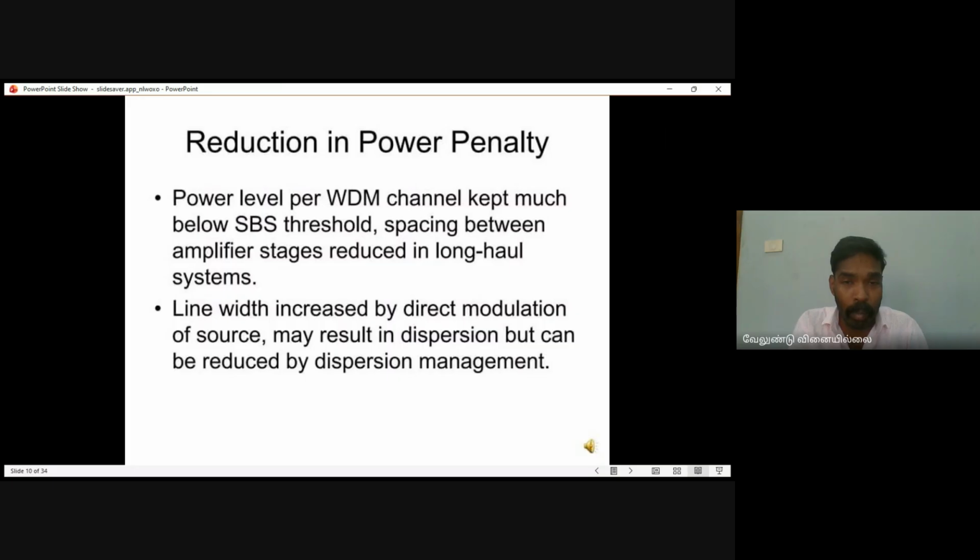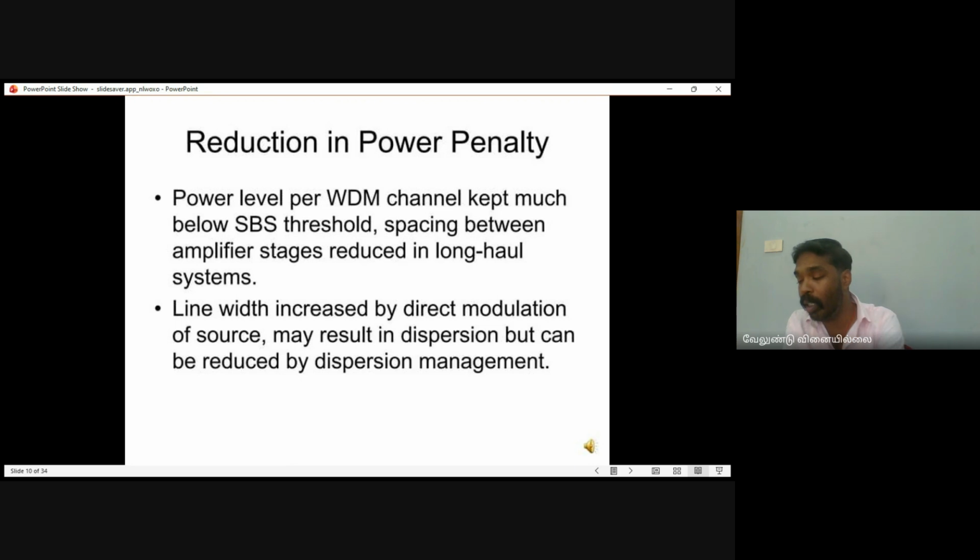So, reduction in power penalty: the power level per WDM. What is WDM? Anyone? WDM means wavelength division multiplexing.